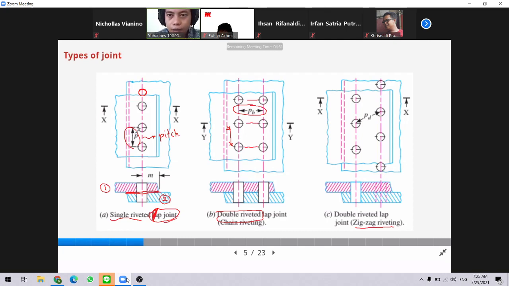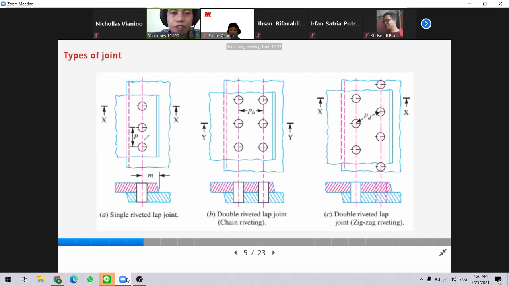The other meaning of this pitch is that we can make the calculation simple.